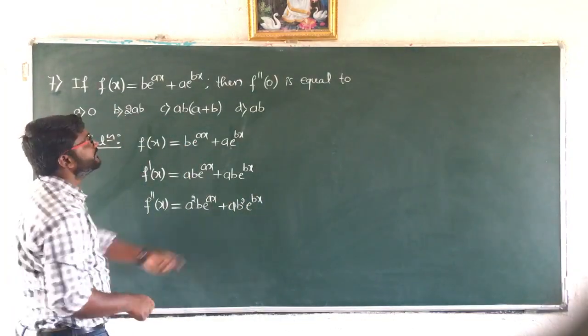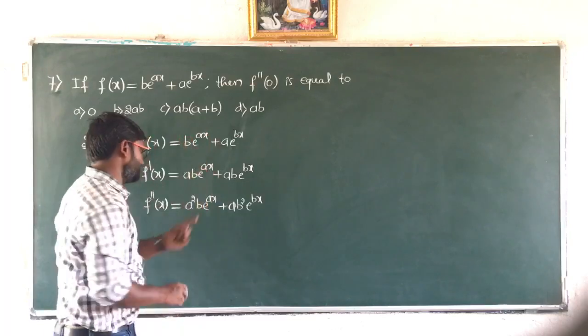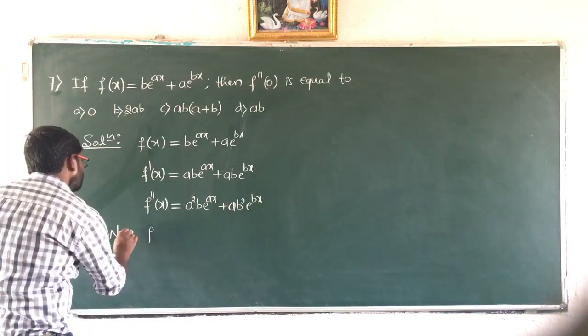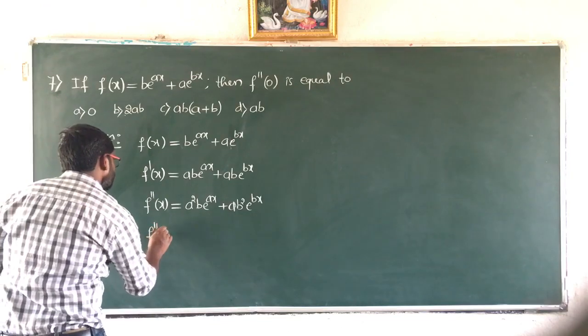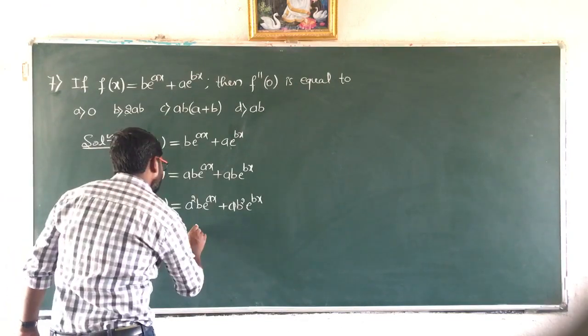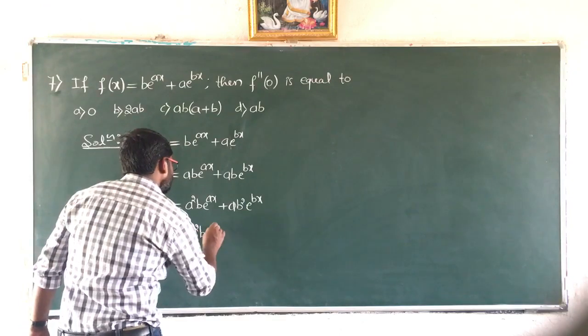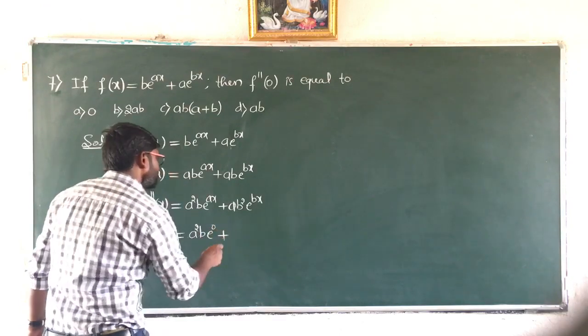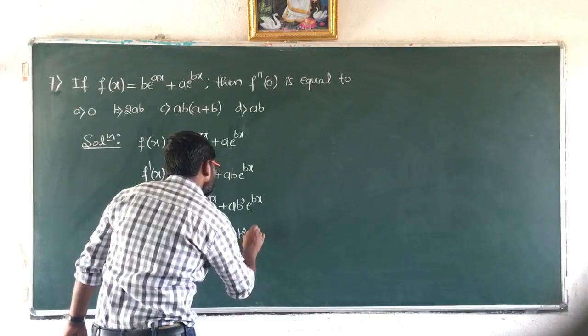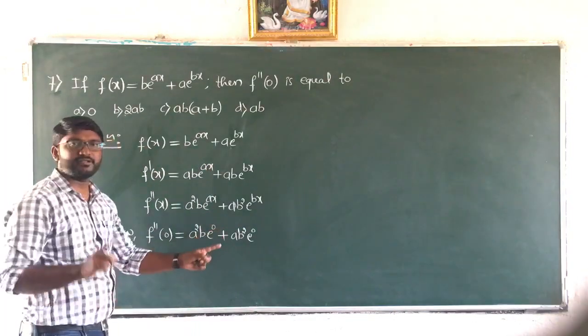So now we have to go for f double dash of 0. So now f double dash of 0 is equals to, so a square b, then e raised to 0 plus ab square e raised to 0. What is e raised to 0? It is 1.